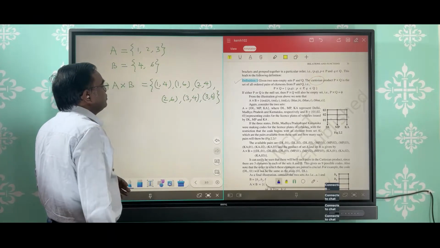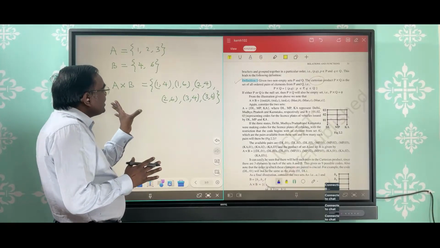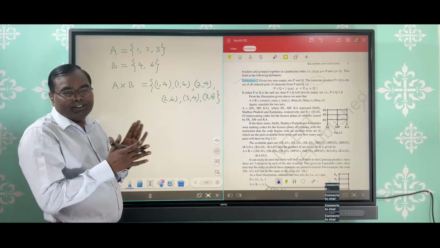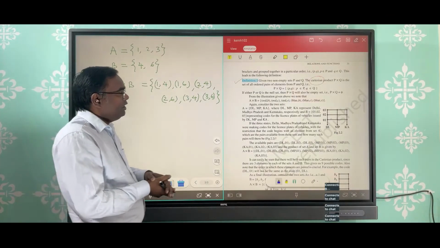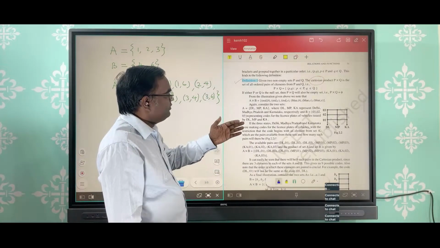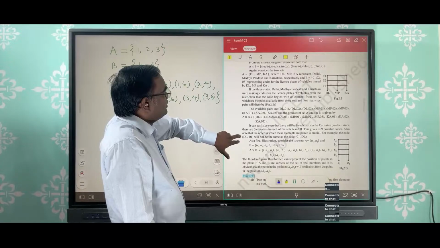So this way we can find the Cartesian product of set A and set B. That is easy. Okay. We can find different examples and solve the problems related to this.